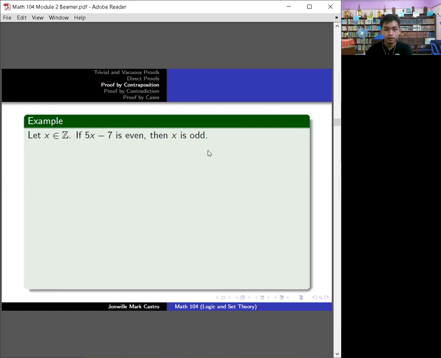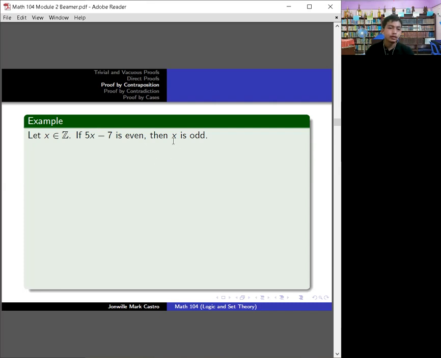So first, sulat natin yung contrapositive niya. So itong si P implies Q, isusulat natin siya as not Q implies not P. So, yung if and then magpapalit ng pwesto, then magne-negate yung statements natin.